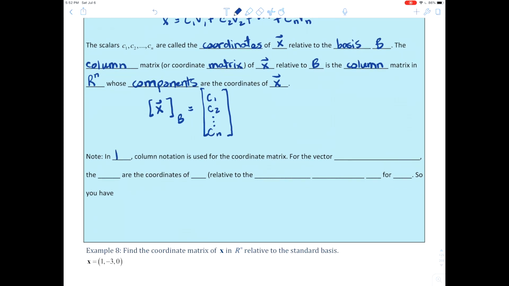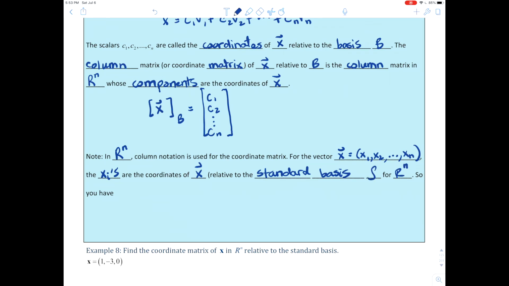Note, in Rn, column notation is used for the coordinate matrix. For the vector X equal to (x1, x2, all the way down to xn), the xi's are the coordinates of X relative to the standard basis S for Rn.